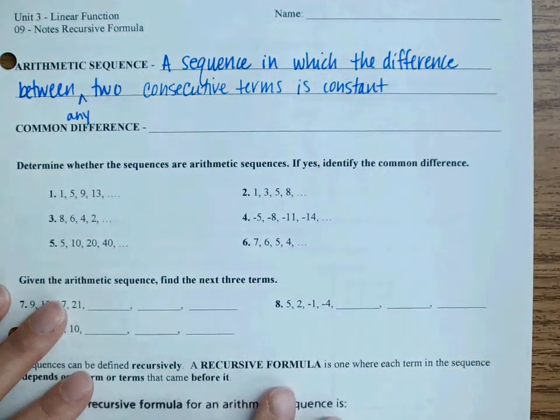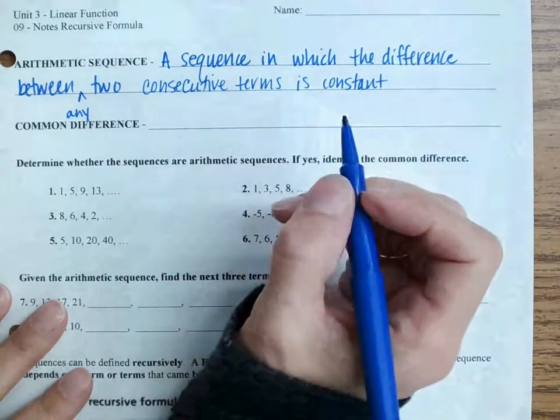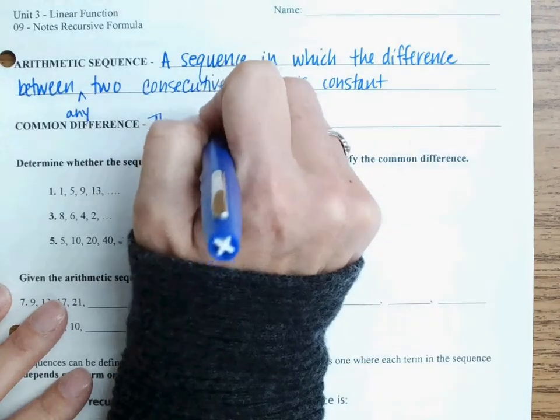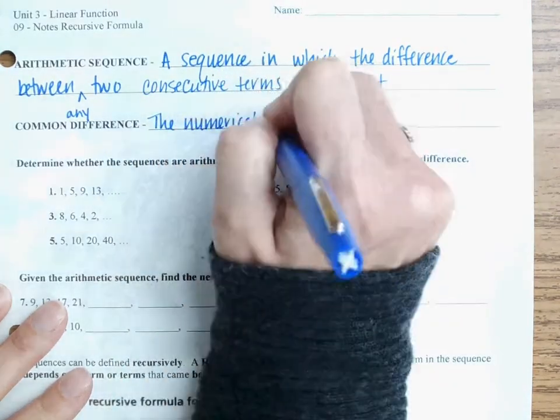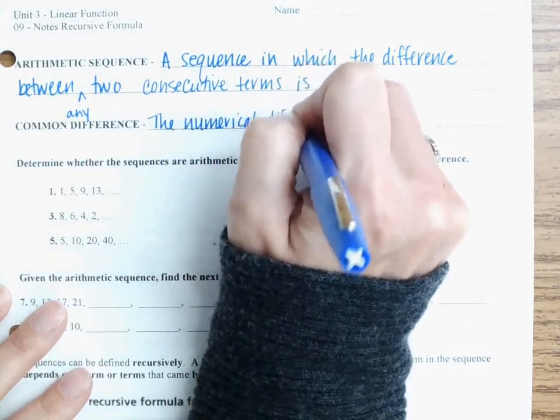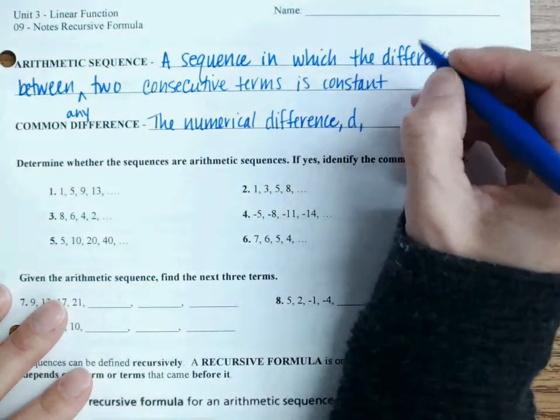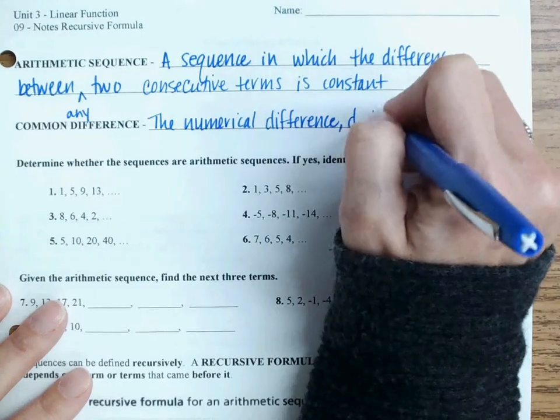The common difference is the numerical difference, known as the letter D, between any two consecutive terms.